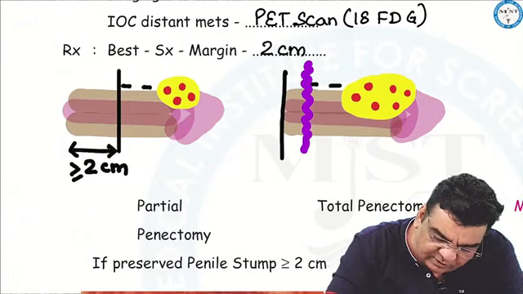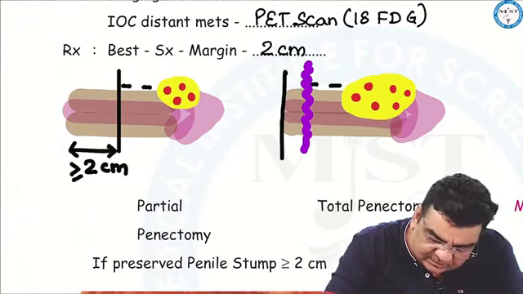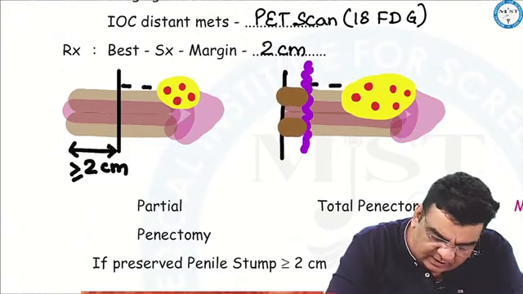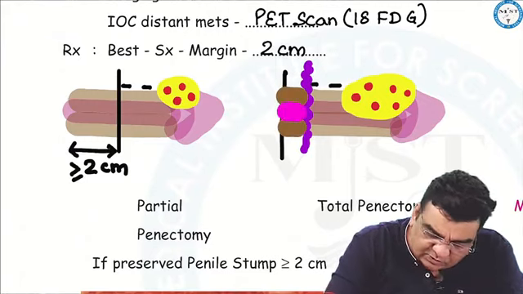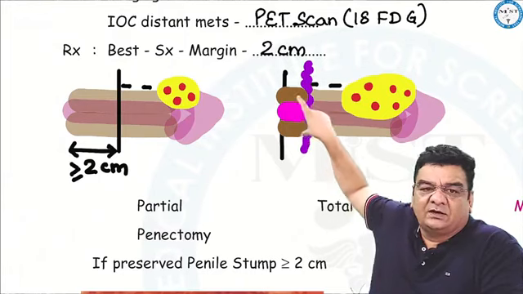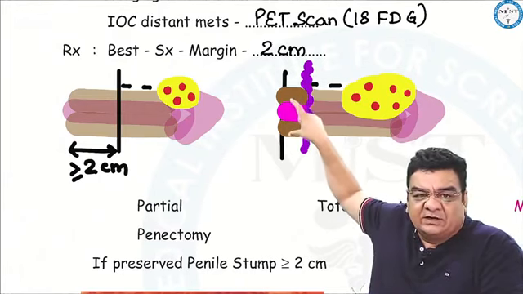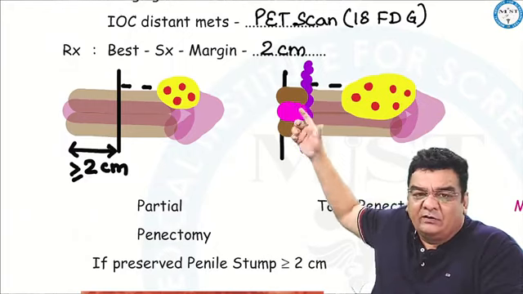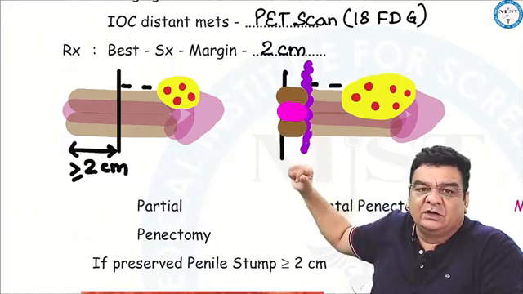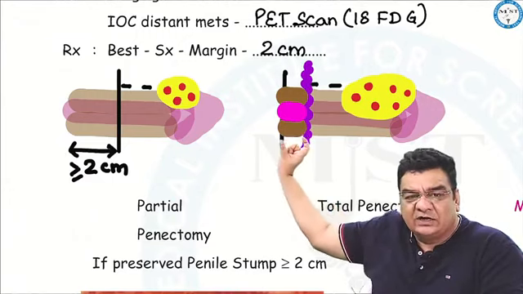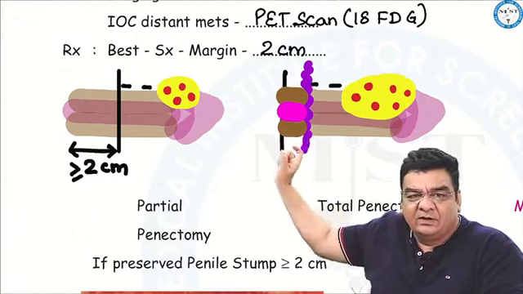That means you will be left with only this part. This is the corpora cavernosa and here would be the corpora spongiosa. Only this part. If the length of this part is less than 2 centimeters, it will not be of any use. He will not even be able to pass urine with a less than 2 centimeter penile stump.